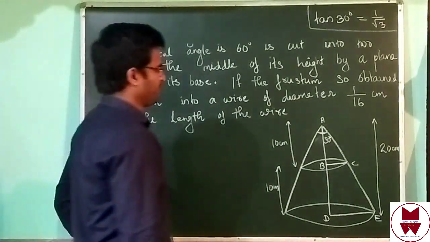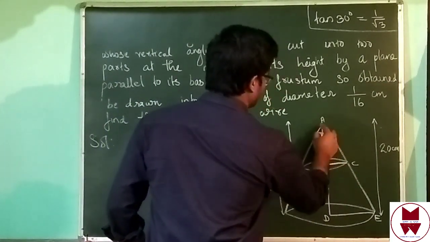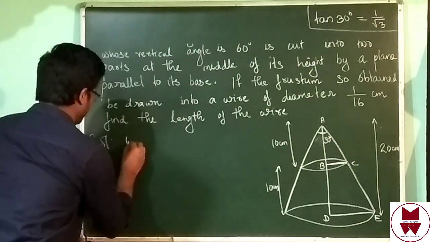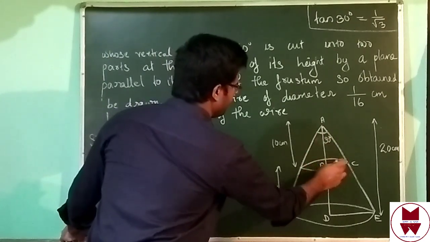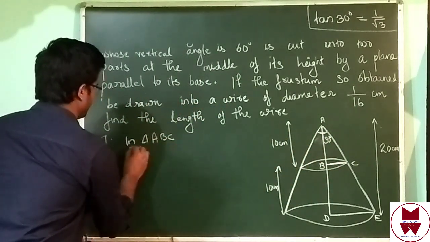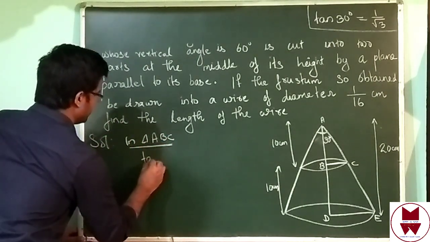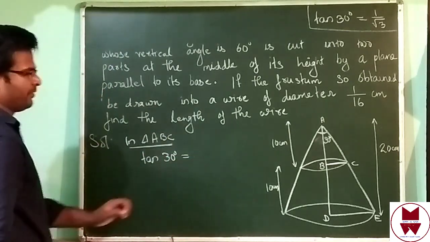First we find the radius of the top side cone, that means in triangle ABC. In triangle ABC, we will use tan 30 degree equal to, what is tan?